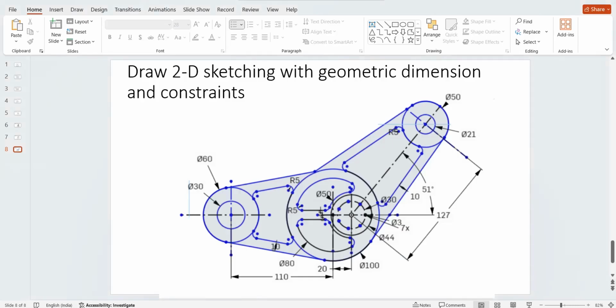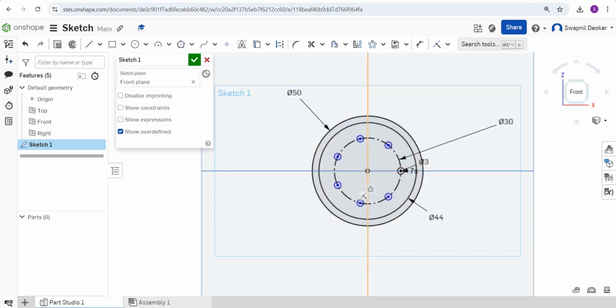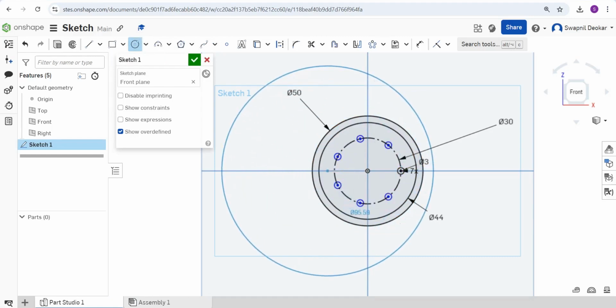Now next, you can see here the outside circle is of 80 diameter and outside 100, and it is 20 away from this center. This one is 80, so its distance from this is nothing but 20.